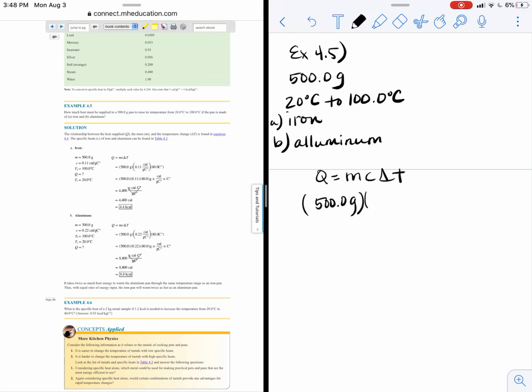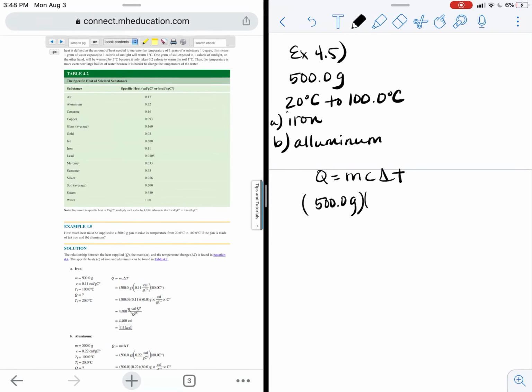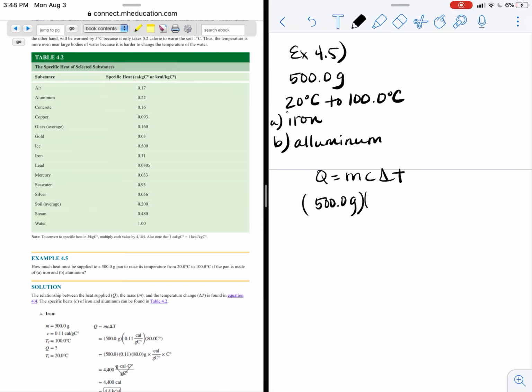So I said I would show you this table, 4.2, and you can see the specific heats are the same number no matter if they're calories per gram degree Celsius or kilocalories per kilogram degree Celsius. So, see, for iron, we've got 0.11. And I'm going to do this calorie per gram degree Celsius because we used gram here.